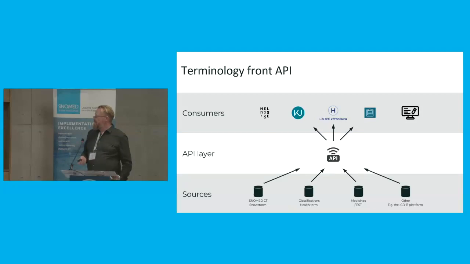So we have developed this API which combines different sources, classifications like ICD, ICPC2, and so on, and combines it into useful data sets for the healthcare service. And at the very top, you see the consumers. And yeah, Health Platform is represented here today. So they are one of the consumers.